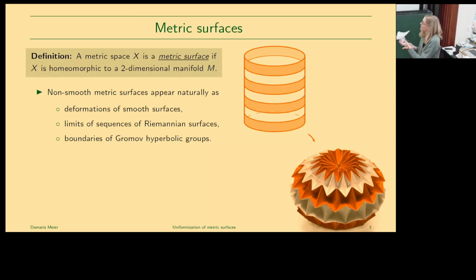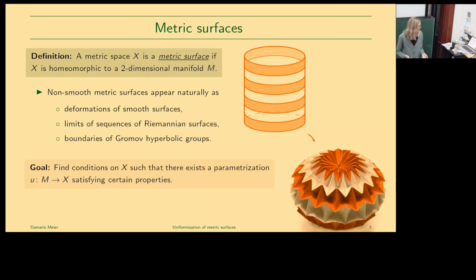So this might be a metric surface too, or maybe a limit of a sequence of Riemannian surfaces, and in the limit a lot of singularities appear. Another class of examples comes from boundaries of Gromov hyperbolic groups. Exactly, so these are metric surfaces.